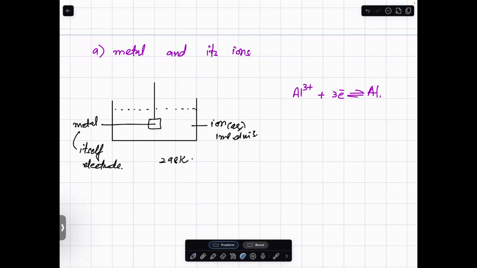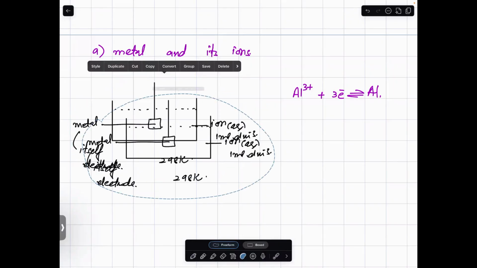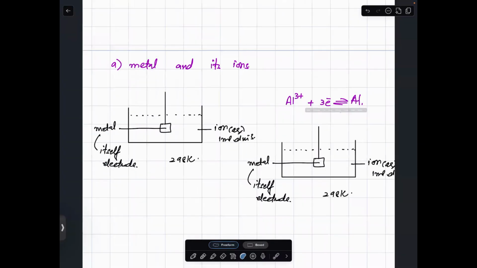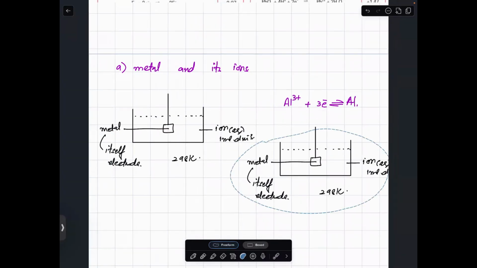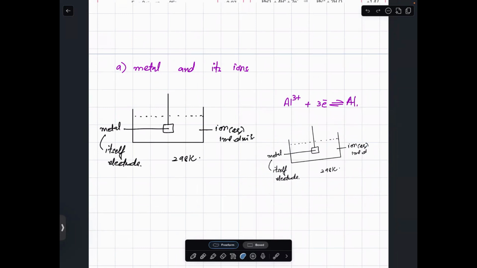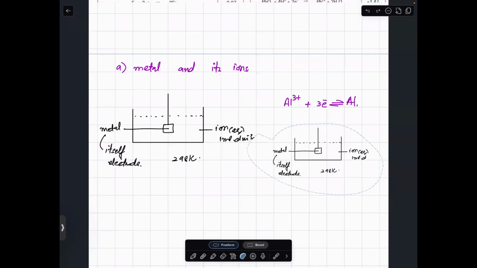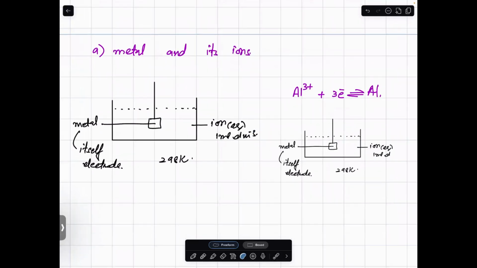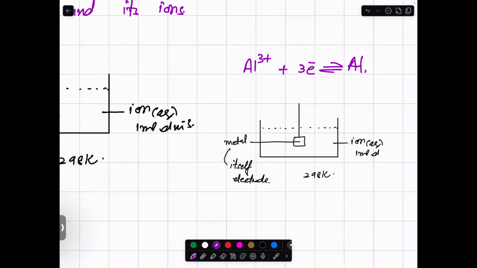So how are you supposed to construct it? I'm just copying the same thing and only changing. This is aluminium, and this is aluminium ion aqueous, 1 mole per dm cube. That's it.